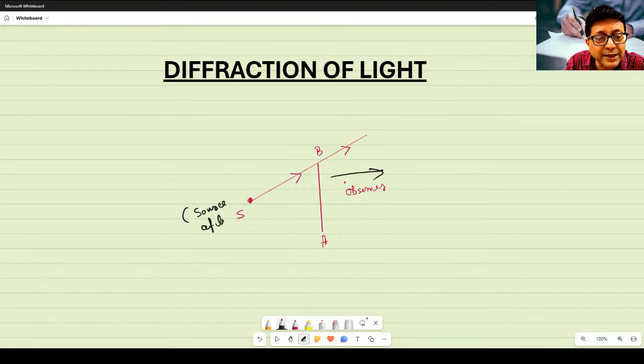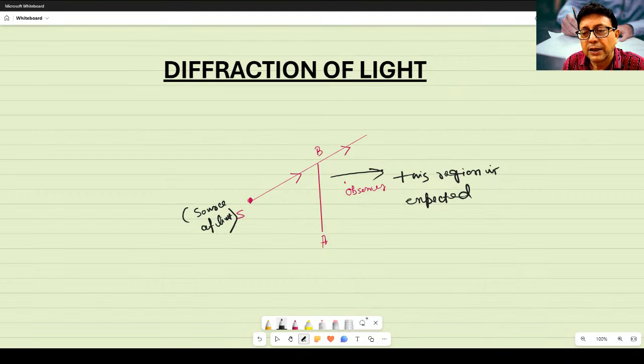This region is expected to be dark. But we observe that light is there.